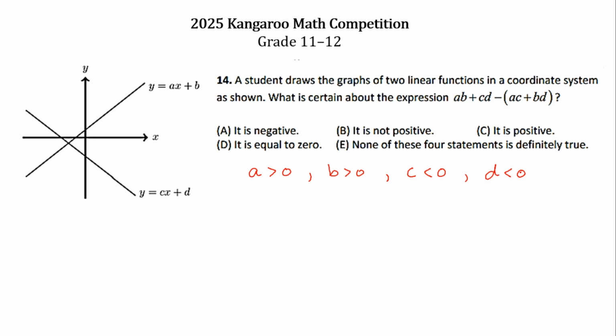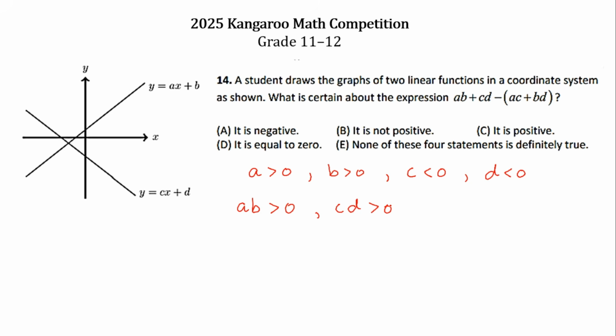Since A is greater than 0 and B is also greater than 0, then we can say that AB is greater than 0. Since C and D are both less than 0, then CD must be greater than 0. Now, how about AC?